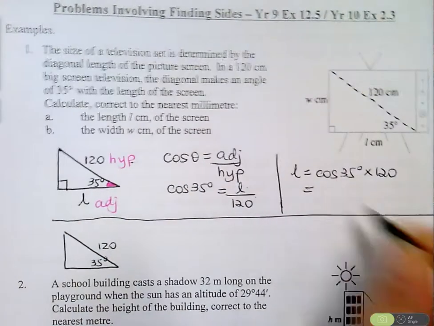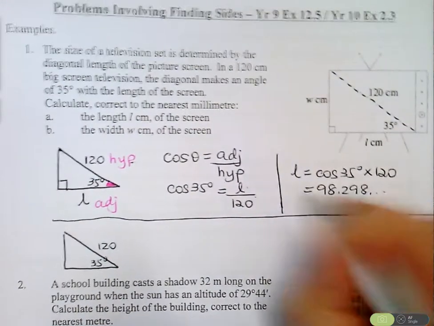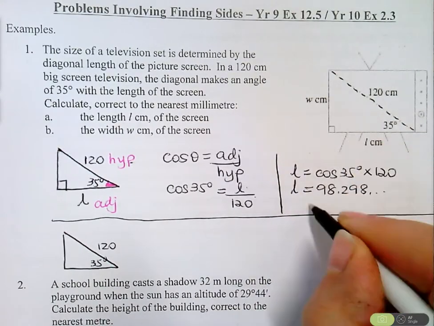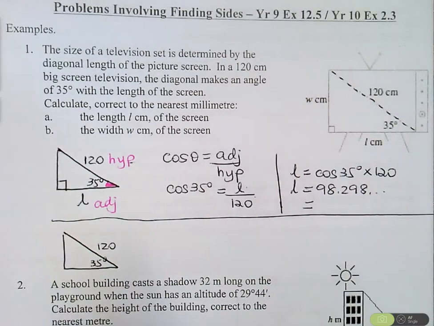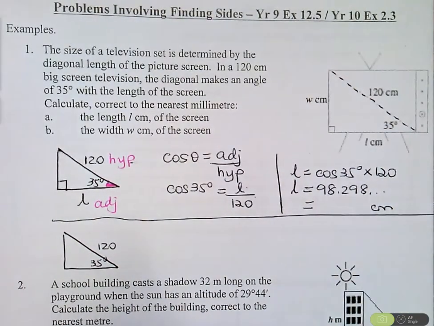Which is approximately equal to, now they want it to the nearest millimetre. Now girls, how many millimetres in a centimetre? 10. That means, and you know how this is all in centimetres, you need to listen carefully.